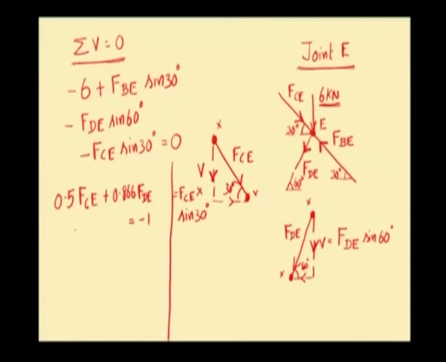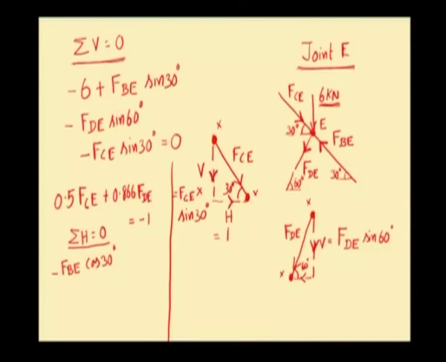Now, we shall apply the second condition of equilibrium, which is sigma H equal to 0. Applying this condition, 6 kilonewton force is a vertical force, so its horizontal component will be 0. Horizontal component of FBE will be minus FBE into cos of 30 degree. If you see the horizontal component of FCE, it goes towards right.